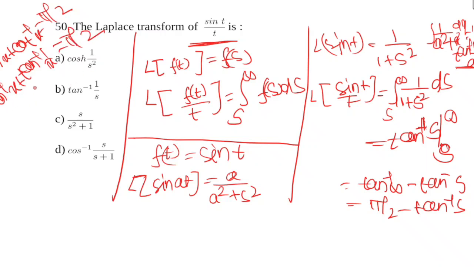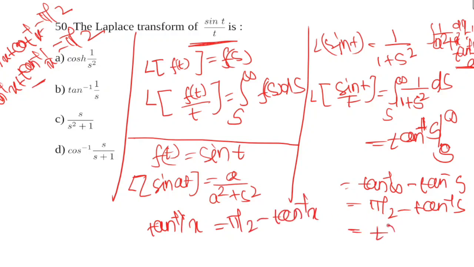So using this second relation, you can find tan inverse 1 by x equals pi by 2 minus tan inverse x. So here we can write this is tan inverse 1 by s. So your correct option is option B.